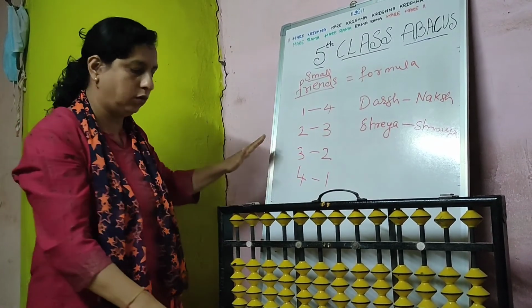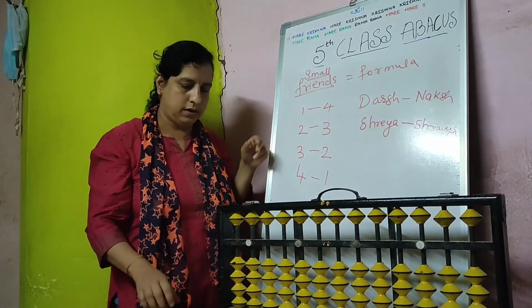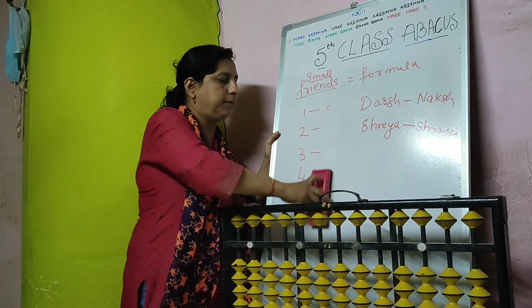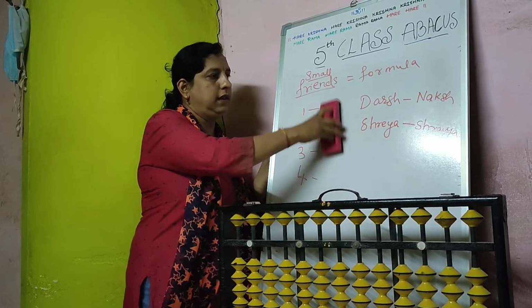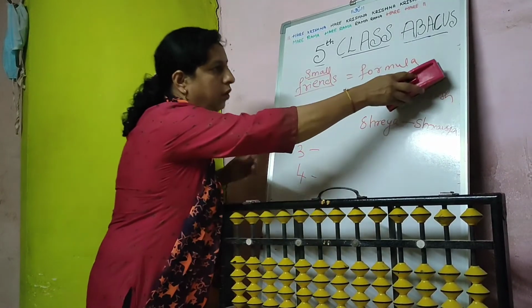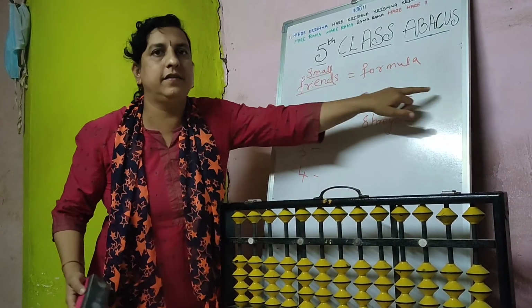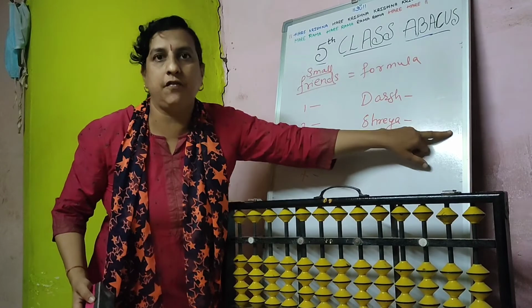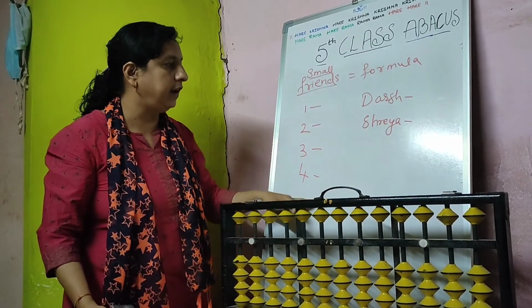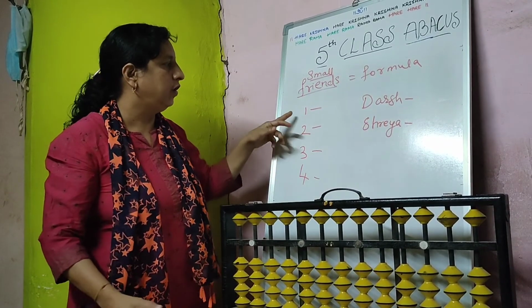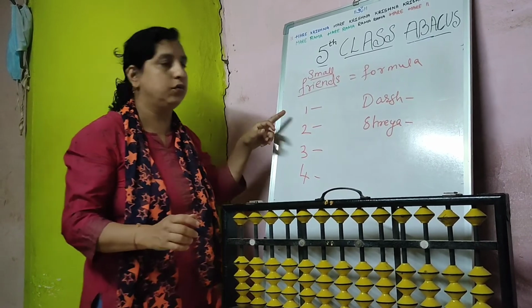First, practice this. How to practice? I will show you. I will rub this part, and you have to tell the friends. Darsh's friend is Naksh, Shreya's friend is Shravya. You know this. So this side also I have rubbed, and we'll see whose friend is whose.